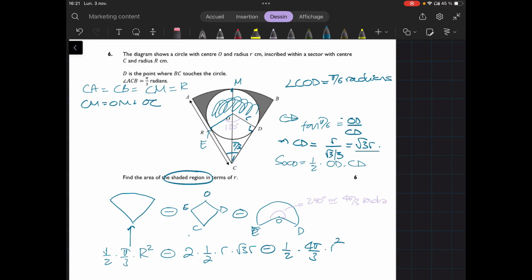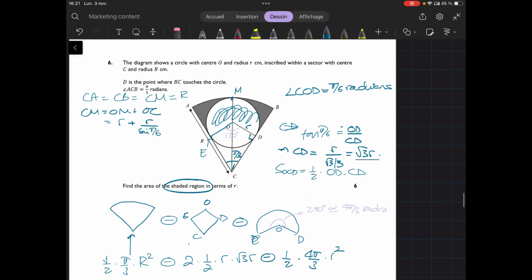We know that OM is equal to small r, so OC is equal to r divided by sine of pi by 6. Why? Because if we look at triangle OCD, sine of pi by 6 is equal to OD divided by OC. OD is small r, sine of pi by 6 is 1 by 2. So the big R is equal to 3r.